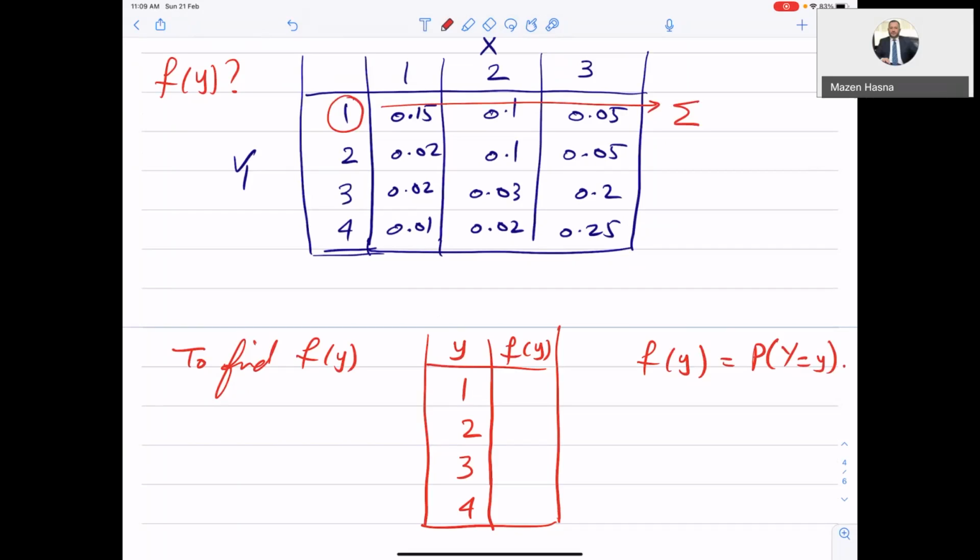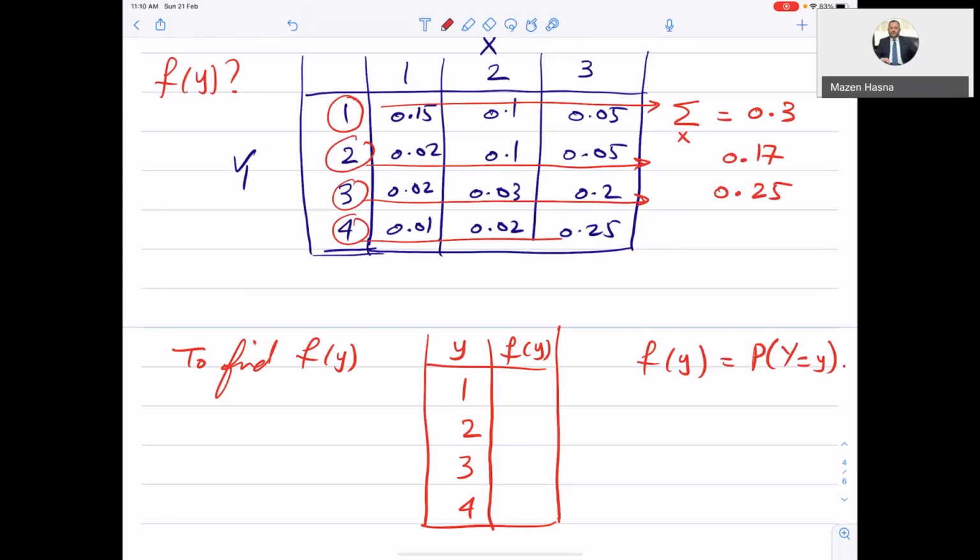So if you sum all of those, 0.15 plus 0.1, 0.25 plus 0.05, this will give you 0.3. Sum over x. For the 2, you sum again, and you will get 0.02 plus 0.1, 0.12. And for the 3, 0.02 plus 0.03, 0.05 plus 0.2, 0.25.